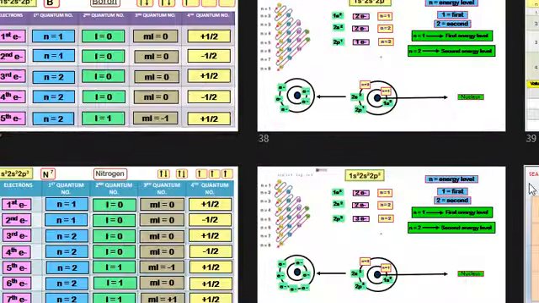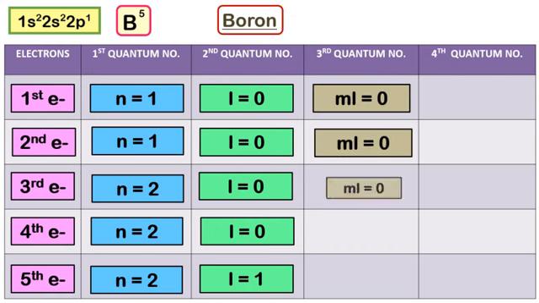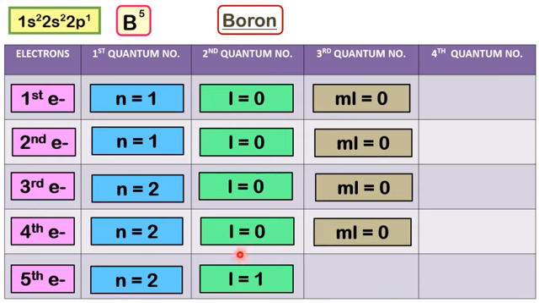So for the boron, we have now the second quantum number, L. The third quantum number is represented by ML. So if L is 0, the ML is also 0. It is the same because L is 0. But for the fifth electron, L now is equal to 1. So ML will be different and it is equal to negative 1.